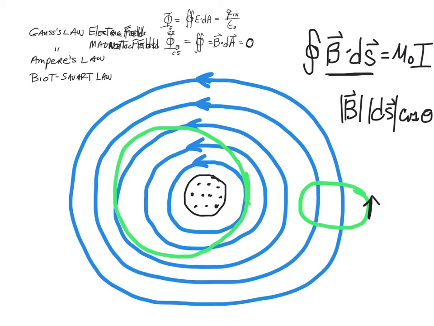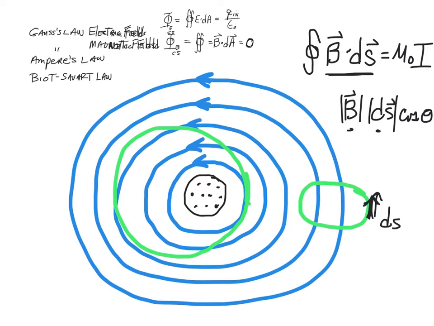So notice if I take a ds here, in this part of the loop it's going up, I'm integrating counterclockwise, and the field, if you look at the direction of the field, is also up. So those two vectors are in the same direction, and the cosine is 1, and we'll get a positive value.